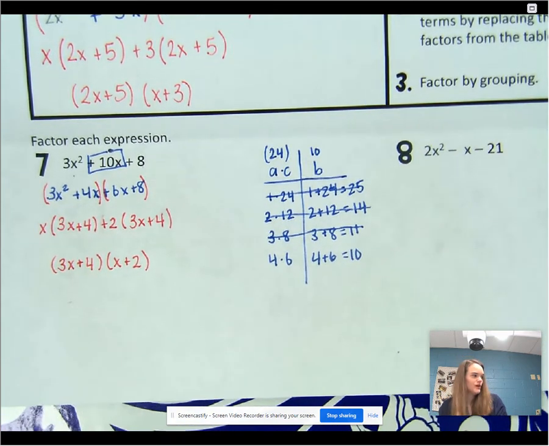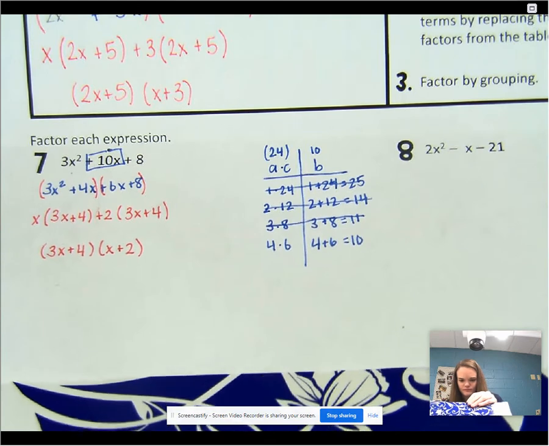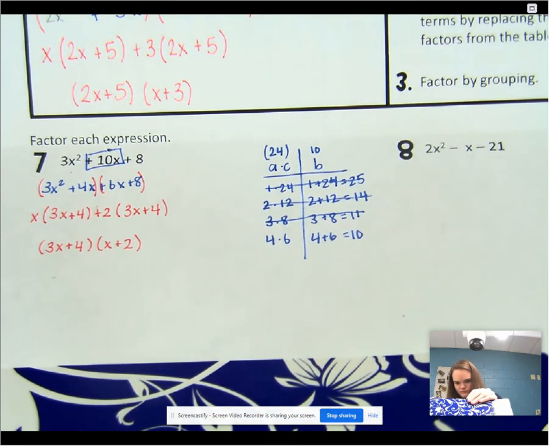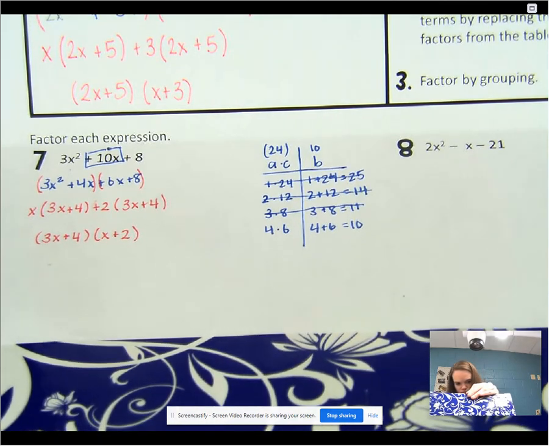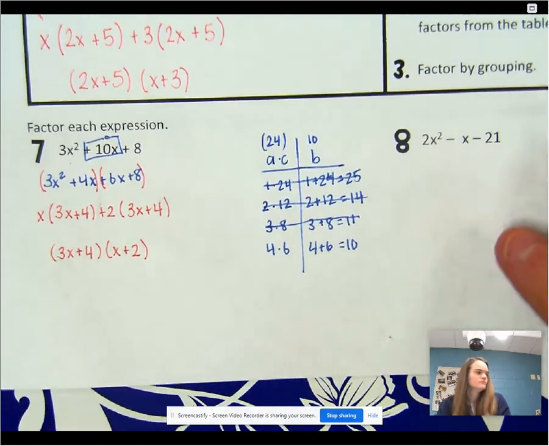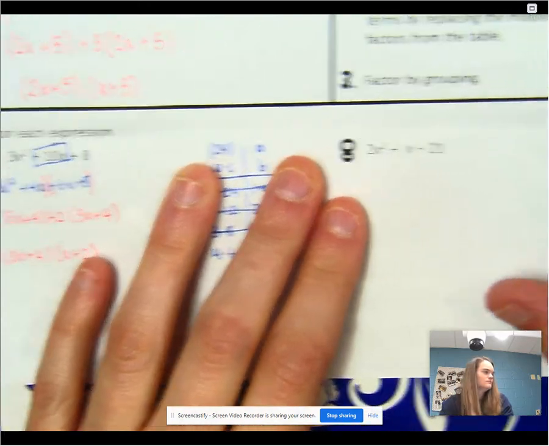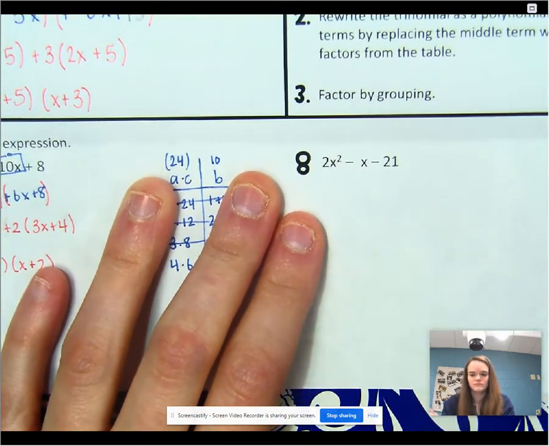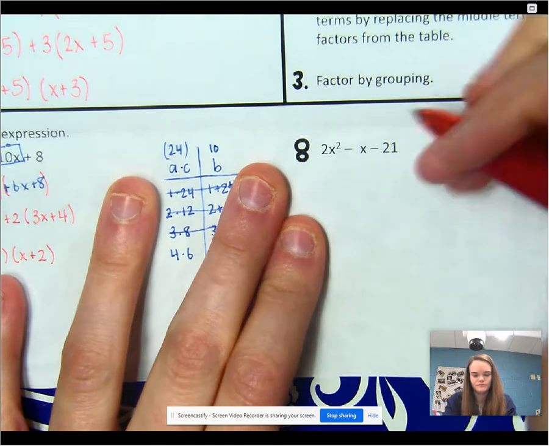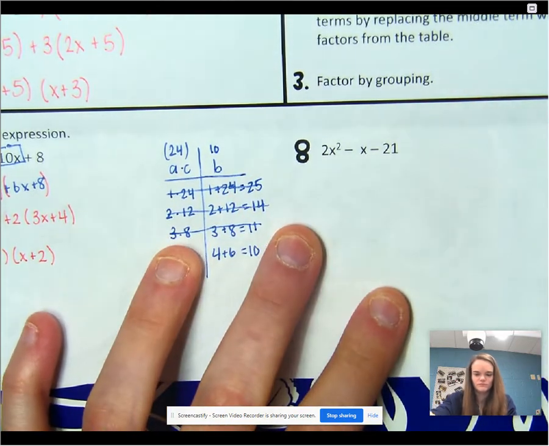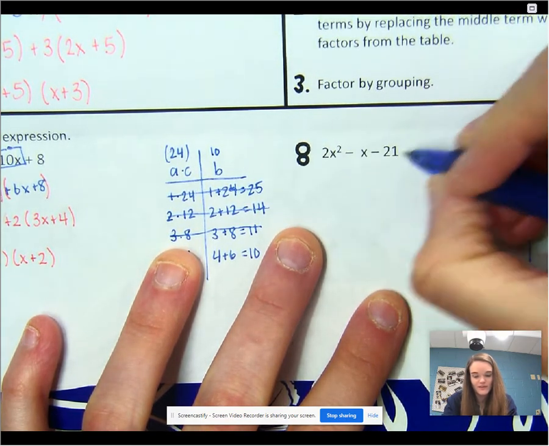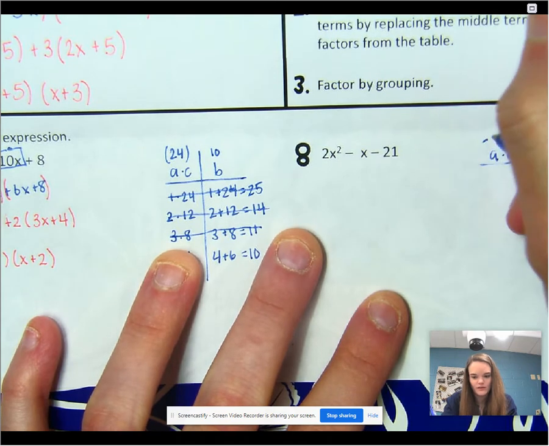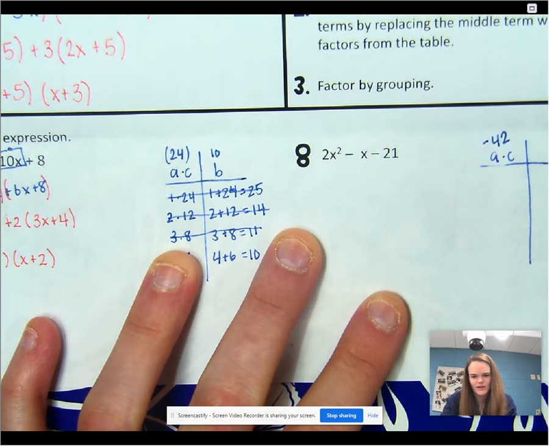Okay, number 8. Pause the video, make your table. A times C, 2 times negative 21 is negative 42. The negative does matter.